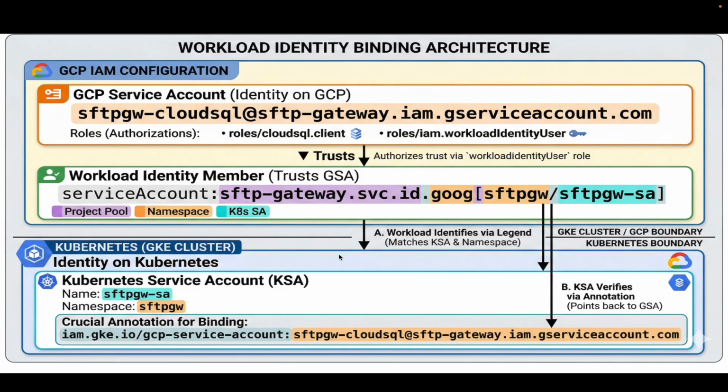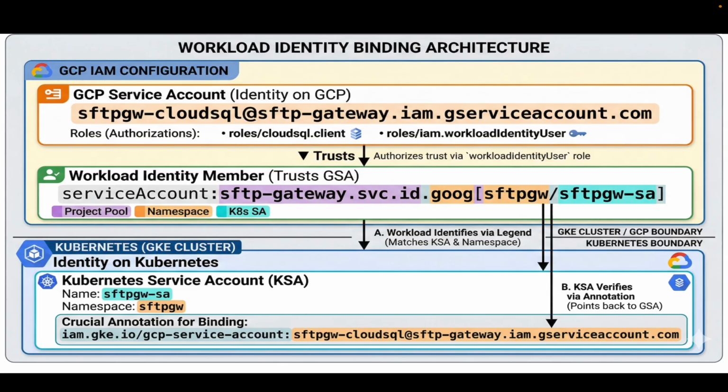Now, what you can do is you can create an identity on Kubernetes and then apply this to the backend SFTP Gateway container. But in order to get this database permission on the IAM account, we have to create this extra resource called a workload identity member, which associates this IAM account to this Kubernetes identity.